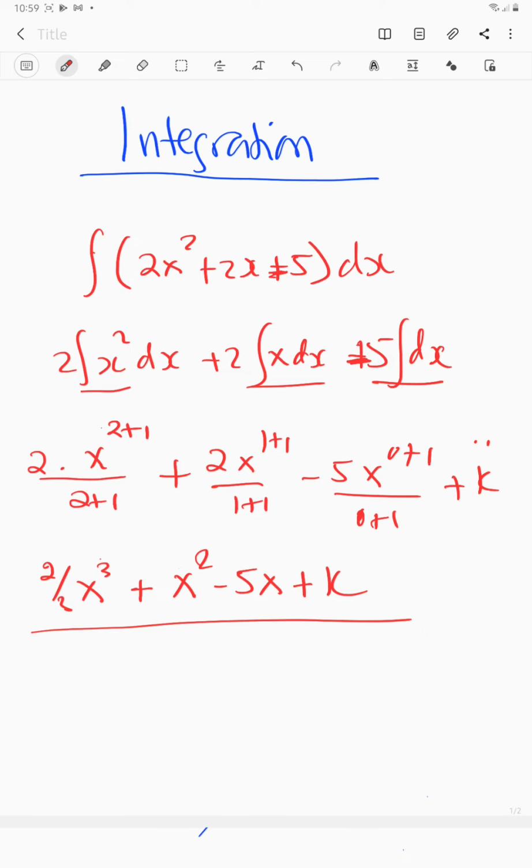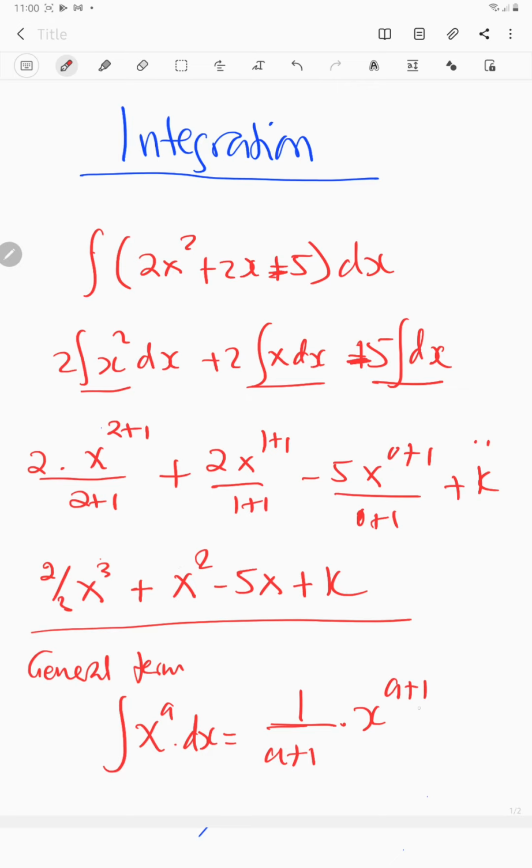So in general terms, we can say the integral of x to the power a multiplied by dx is the same as 1 over a plus 1, multiplied by x to the power a plus 1, and thereafter you put plus a constant.